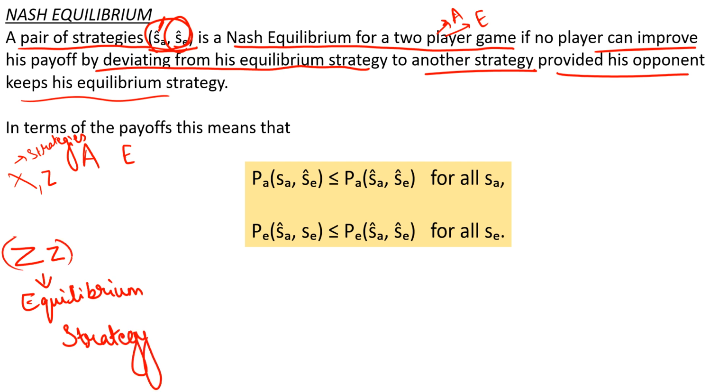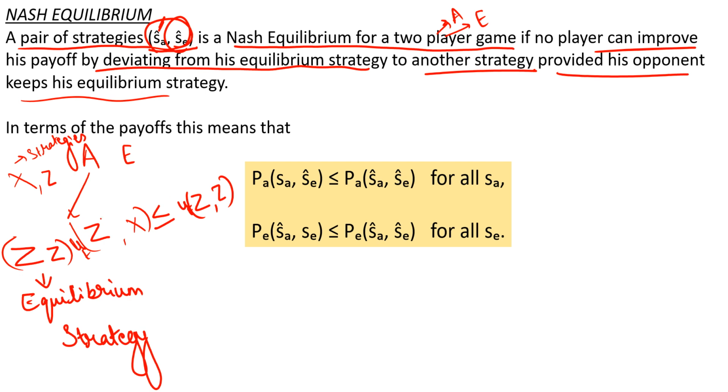In this case, if A chooses the strategy Z and E chooses the strategy X, E is deviating from its strategy. So the payoff for E will be less than the payoff that E will get if it chooses the strategy Z. The payoff, or you can write the utility, for player E will always be less than the equilibrium strategy payoff.